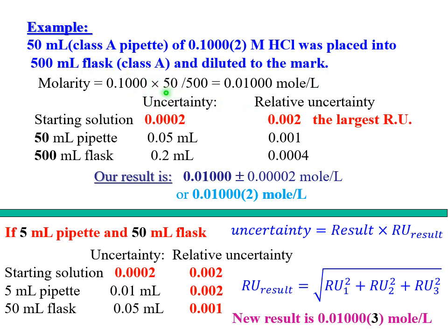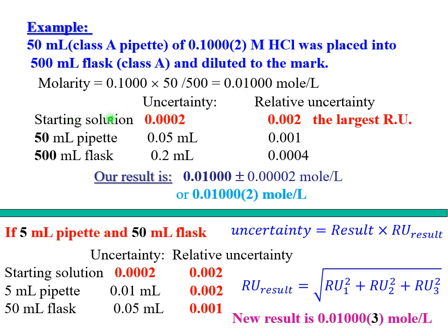So I need to multiply by 50 and divide by 500, which of course is simply division by 10. So my molarity was 0.1, now it's 0.01. This is easy, it's just moving a dot one position.